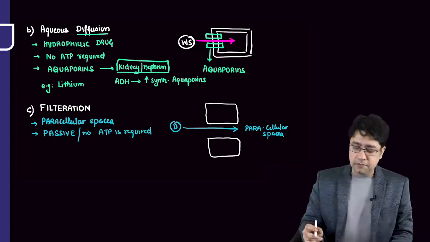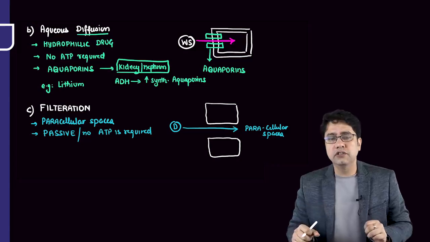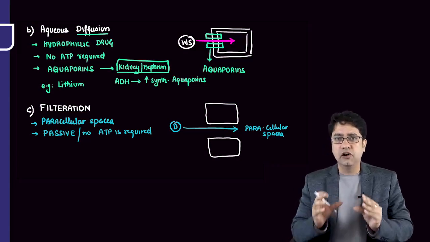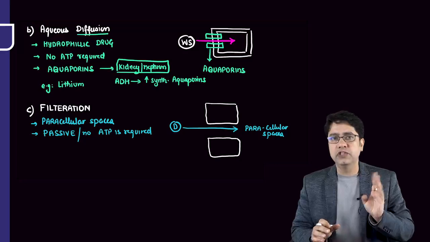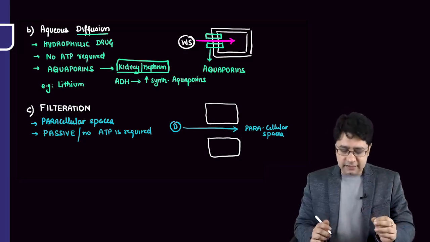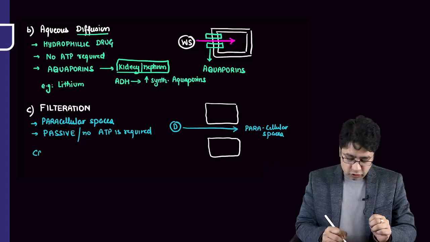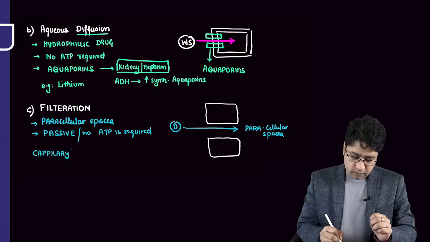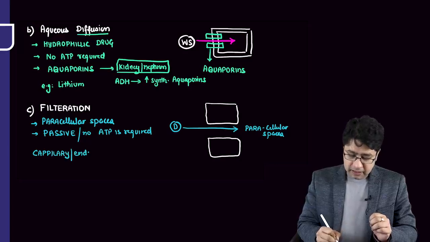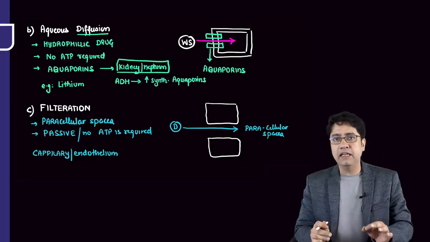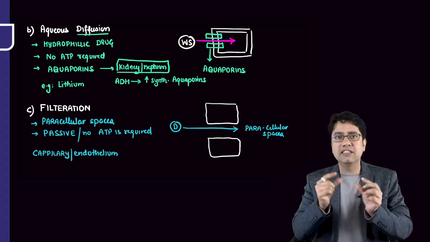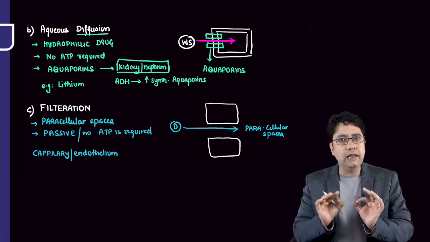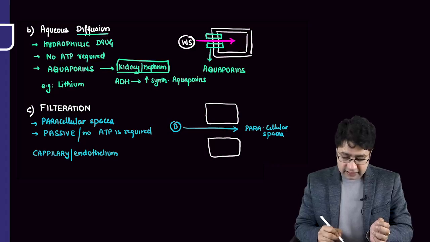Now, can you think about in which organs or tissues there are lots of spaces between two cells? The answer is in capillaries or endothelial cells. Remember, capillaries are the smallest blood vessels and capillaries don't have muscles around them. They only contain endothelial cells like this.